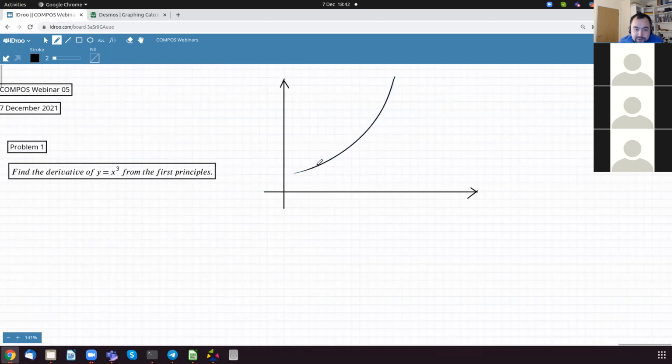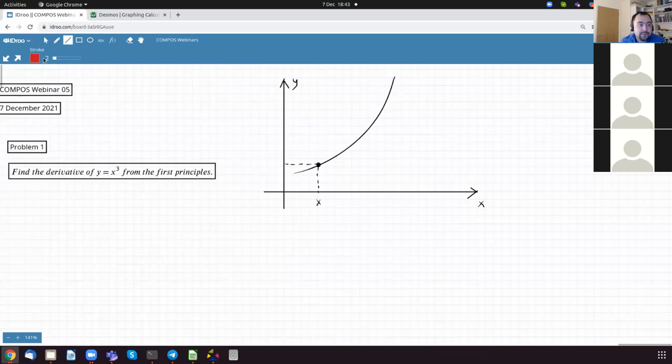The derivative at the point x is the instantaneous rate of change of the function. So this is y, this is x. Basically, we're interested in how fast the function is increasing or decreasing. You can see here the rate is quite steep, quite high, and here the rate is not as high. So the instantaneous rate of change.